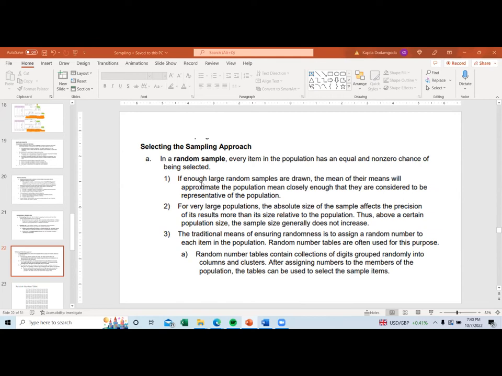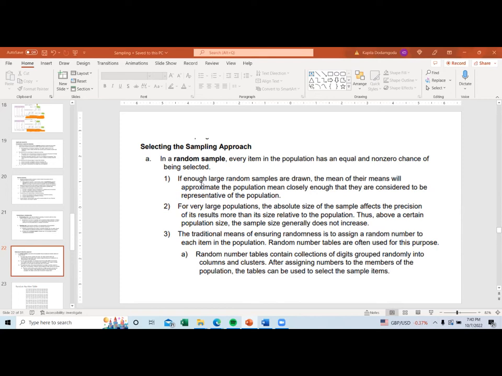What you mean is that when you pick the sample, each and every item has an equal chance of getting chosen in the sample. Then we call it a random sample, if each and every item has an equal chance, or a proper chance, of being included in the sample.